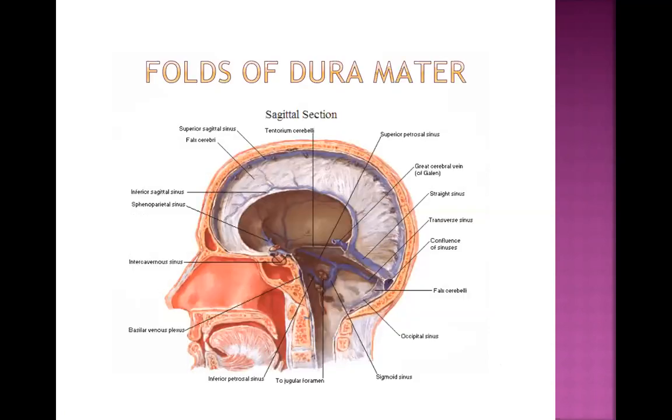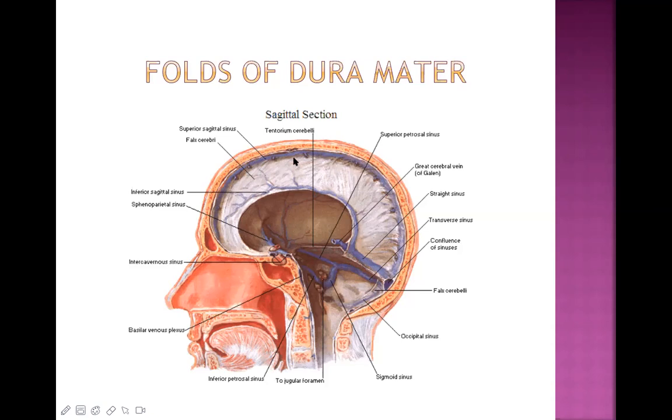Now, another important anatomy here are the folds of dura mater. Now see that this is again a sagittal section where the brain has been removed. Only meninges folds are there along with the skull. Now see this white structure here. This is the fold of dura mater. This is called falx cerebri.